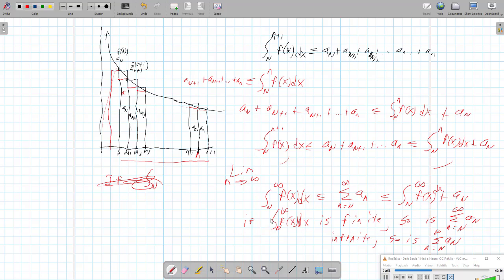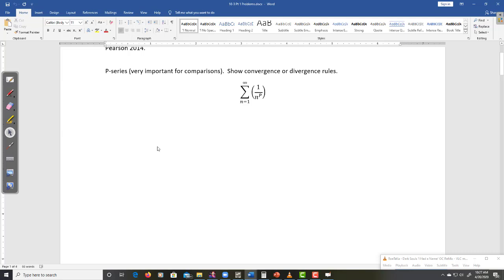Let's do some exercises. Alright, first off, we're going to look at one of the more important sets of functions for comparisons. We're going to look at the p-series. So here we're looking at the sum from n equal 1 up to infinity of 1 over n to the p. And these don't always converge. p is some number.